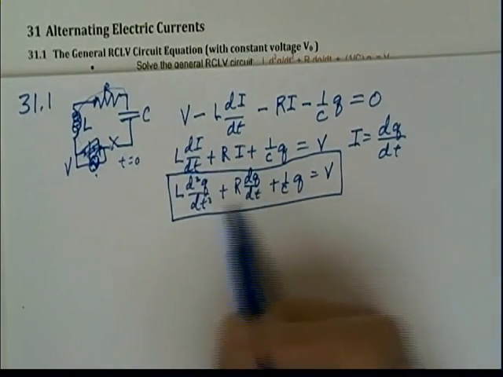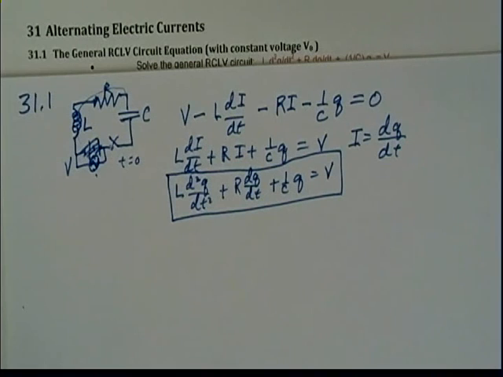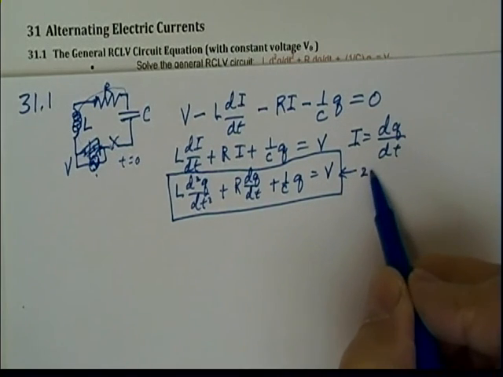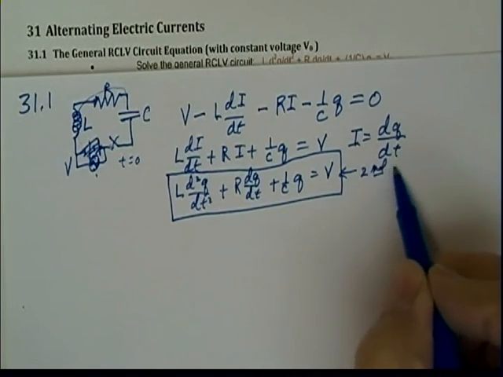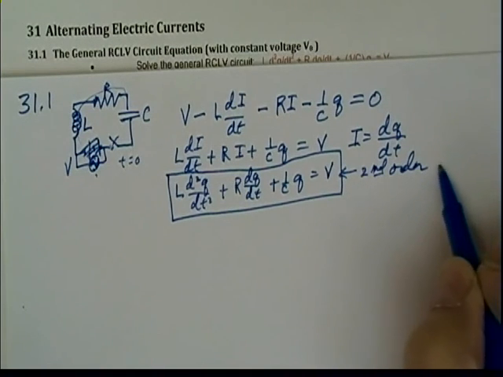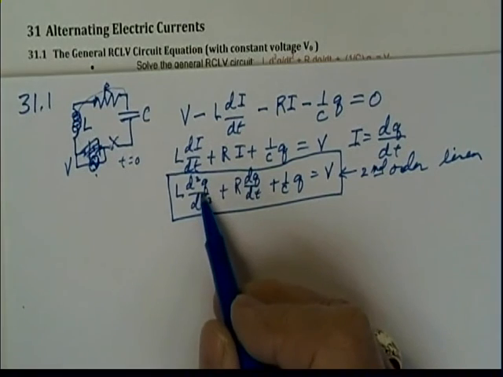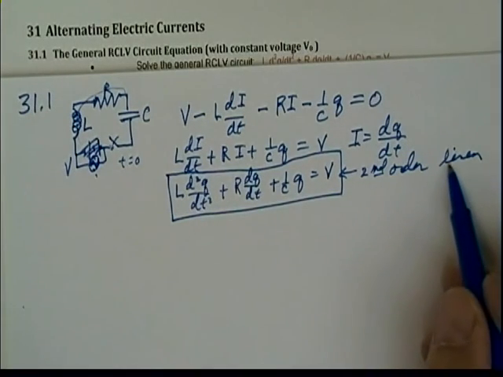This is the most basic circuit that we have, and it gives us our harmonic oscillations, and is very, very important because it is a second order linear differential equation. Second order because the second derivative is the highest derivative.